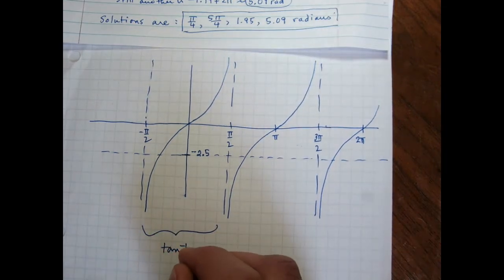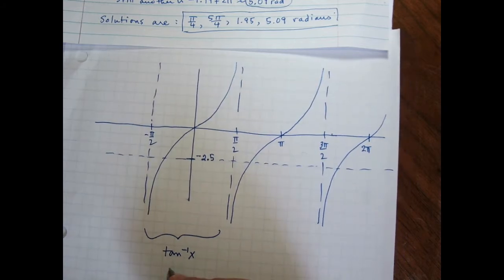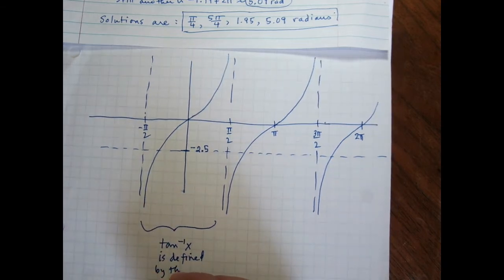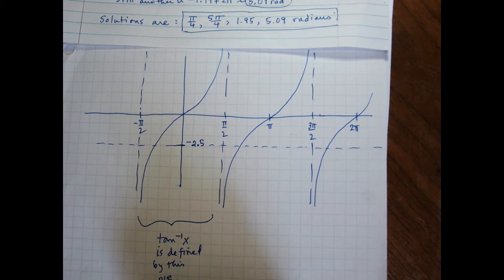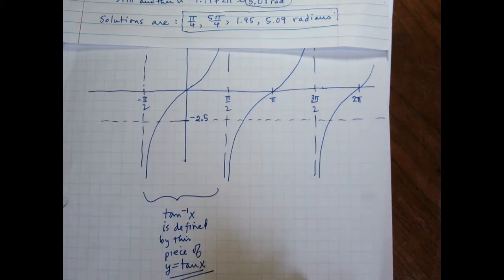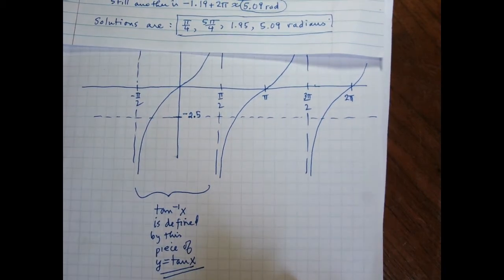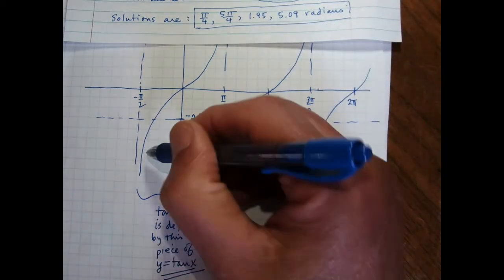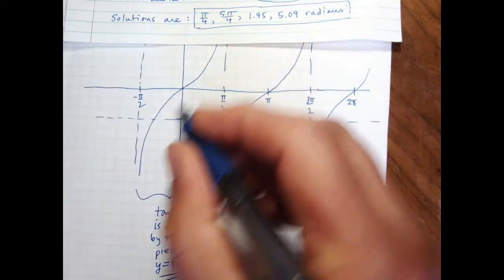The inverse tangent function, tan inverse x, is defined by this piece of y equals tan x. So this is not the inverse function, this is tan x, but this piece of tangent defines the inverse tangent.